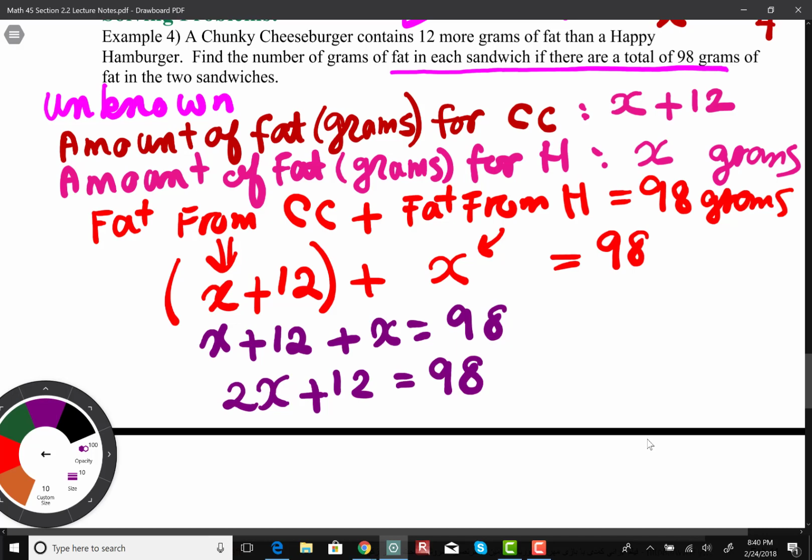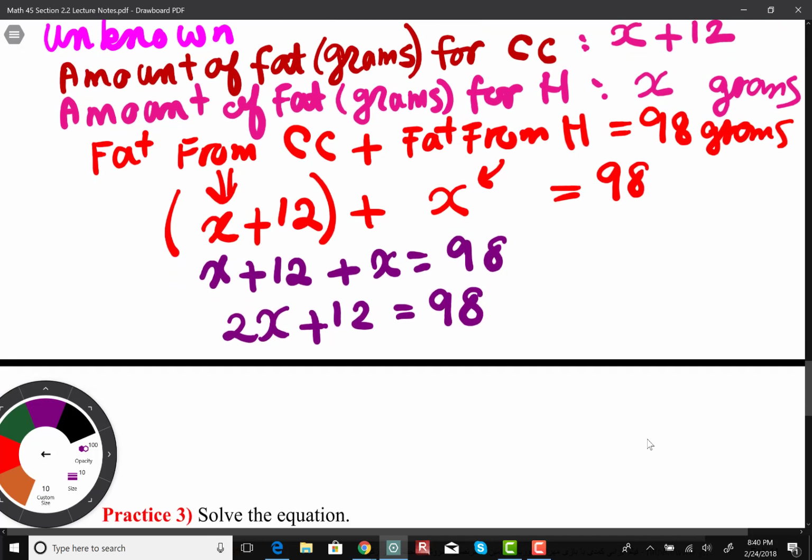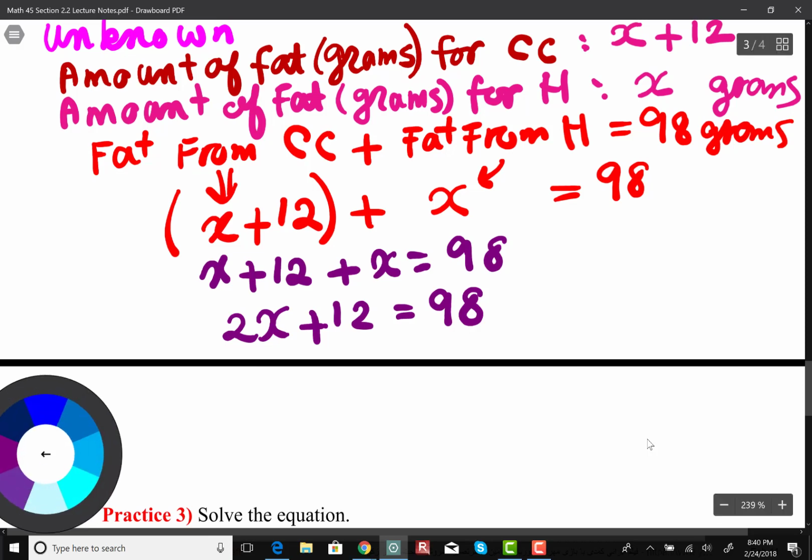So I'm going to do that, and I will write it as 2x, minus 12, subtract 12, this color.